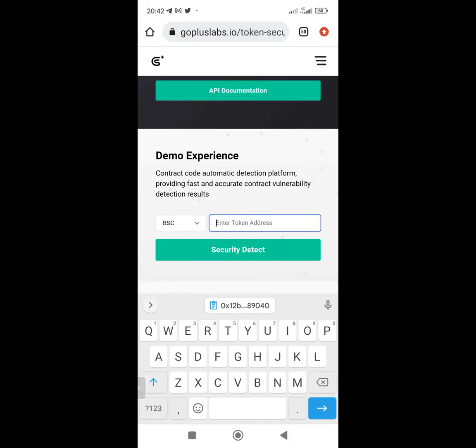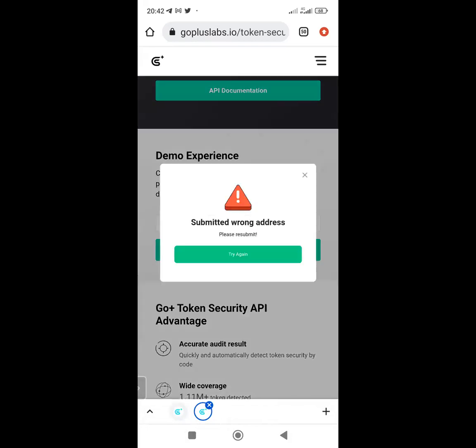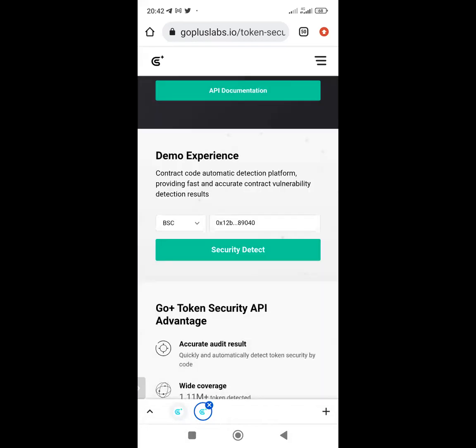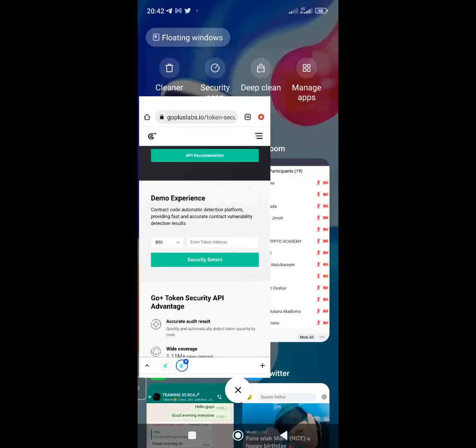CoinGecko is your site where you go and do research on different tokens. Now I've taken the contract address of the token. I paste it here. And I say security detect. Oh, we didn't copy everything. Sorry.